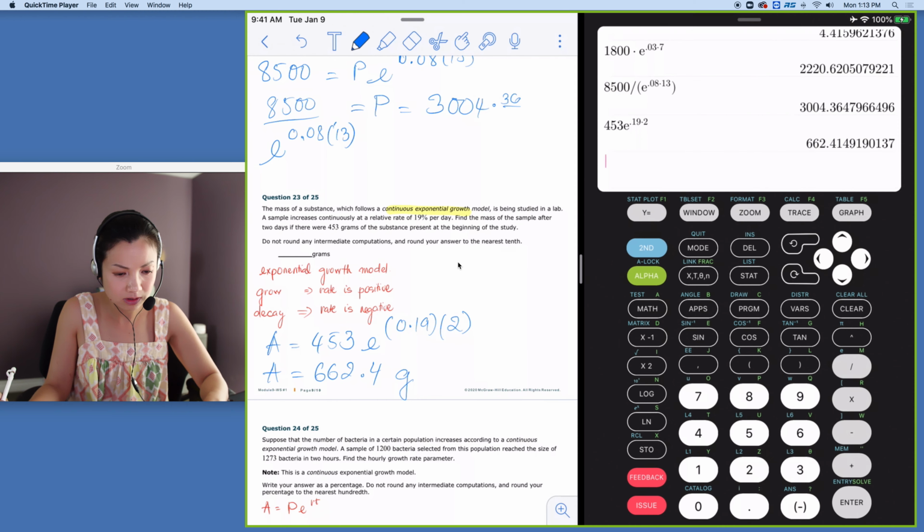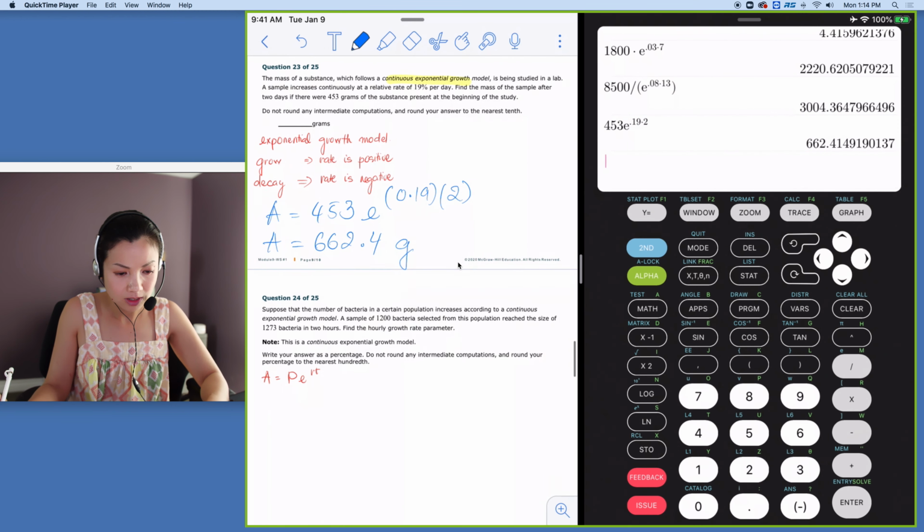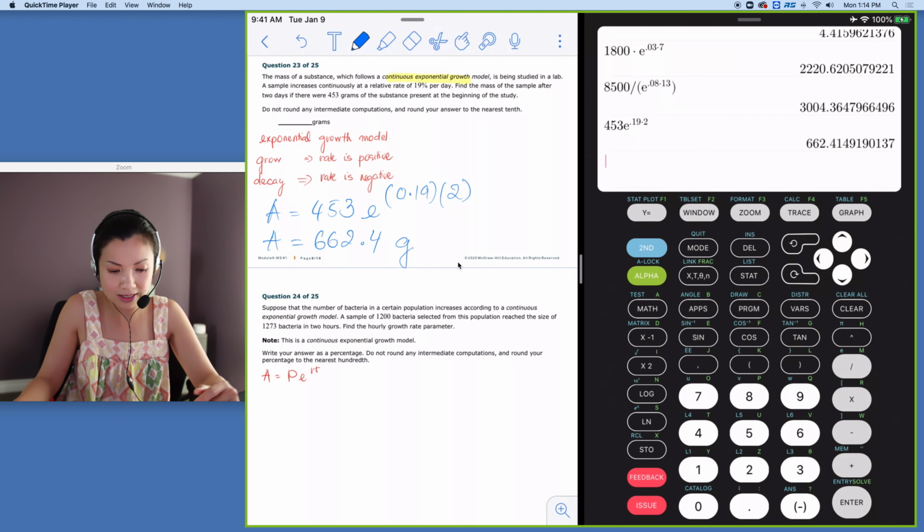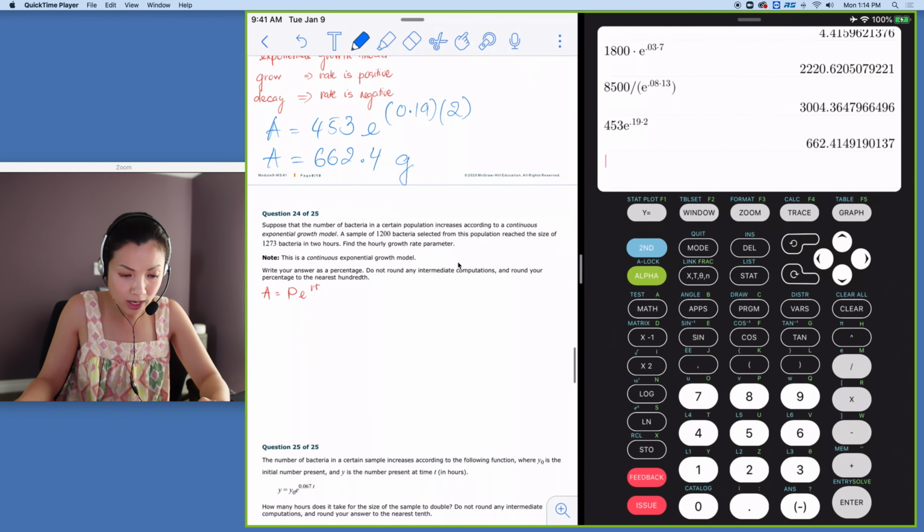Okay. Now, if they're asking you for the final amount and you have a negative number, then you know something is wrong, right? Or the number doesn't make sense. This is growth. So if it's less than 453, it doesn't make sense. So you should analyze your final solution.